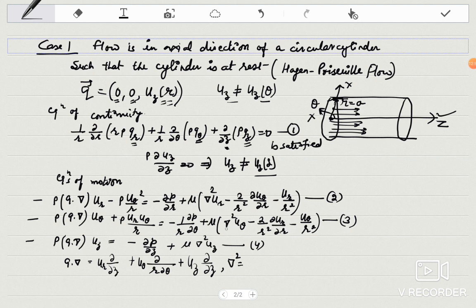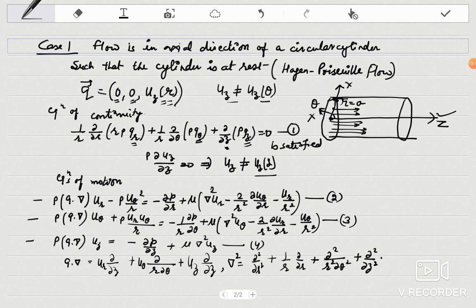Because I have to use delta square in these expressions, delta square is delta 2 in terms of cylindrical polar coordinates. Its value is as follows.